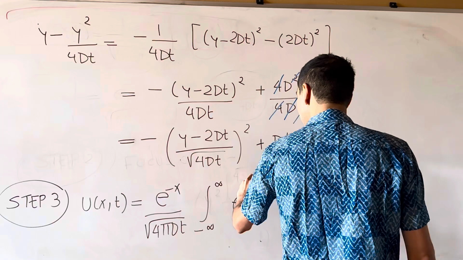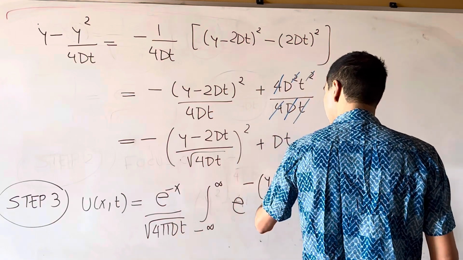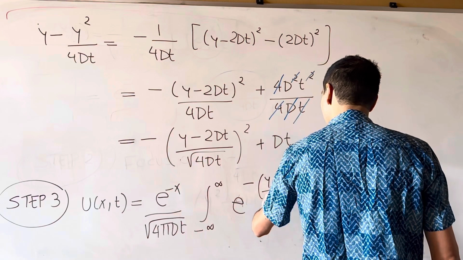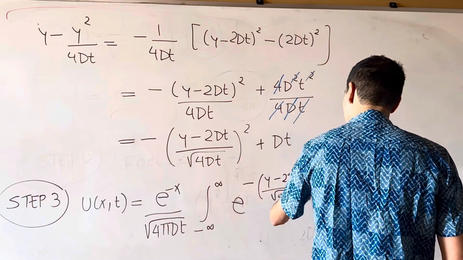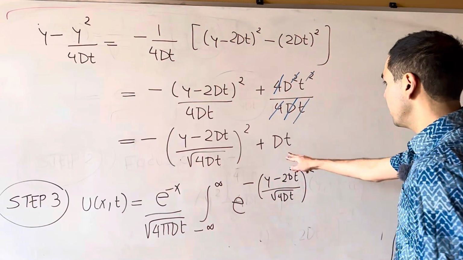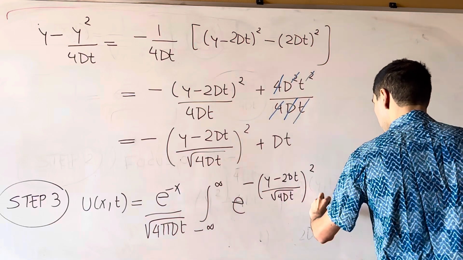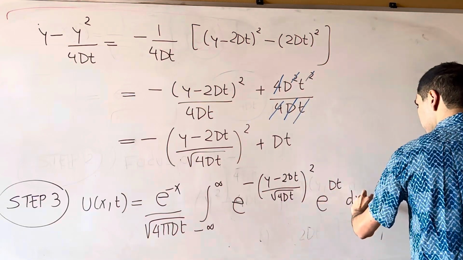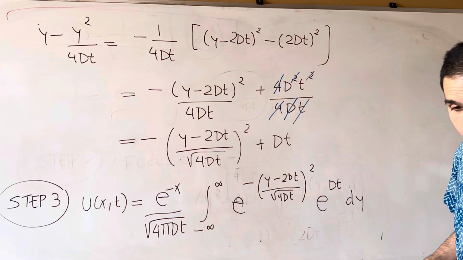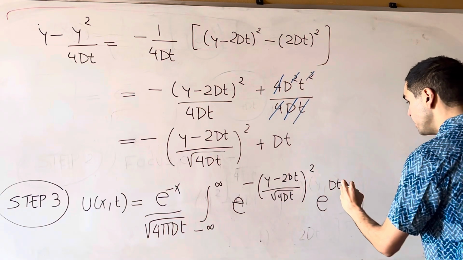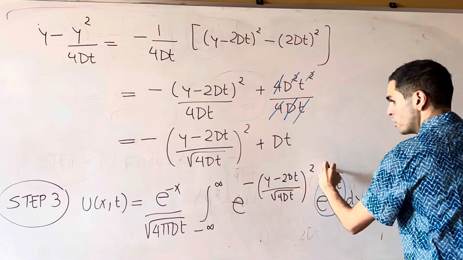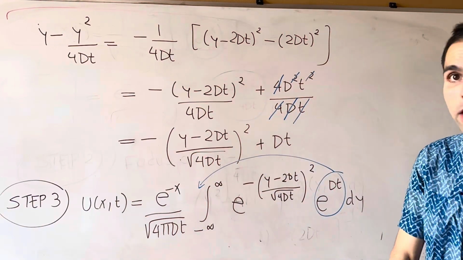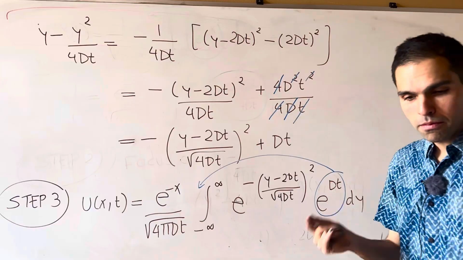So e^(-((y - 2dt)/sqrt(4dt))^2), and then just e^(dt), and then dy. Which is already very nice. This e^(dt) just comes out and can be pulled out, and we end up getting the following formula.